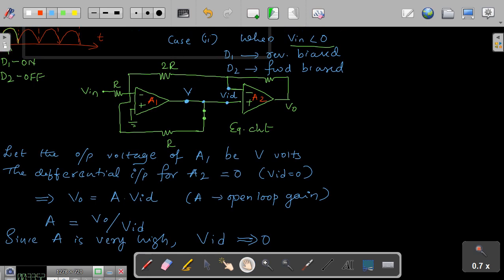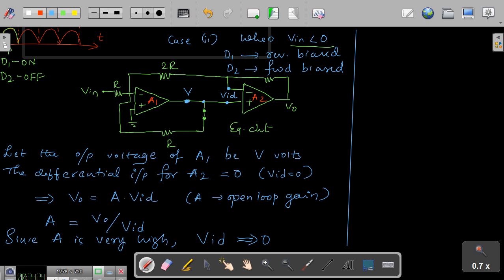So now from this, let us proceed further. The differential input to any operational amplifier, as we know, is 0. So when the differential input is 0, what is this voltage V?